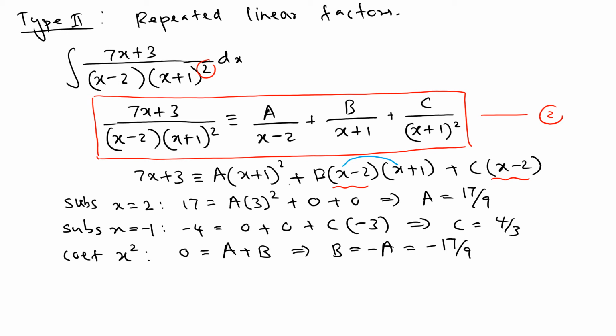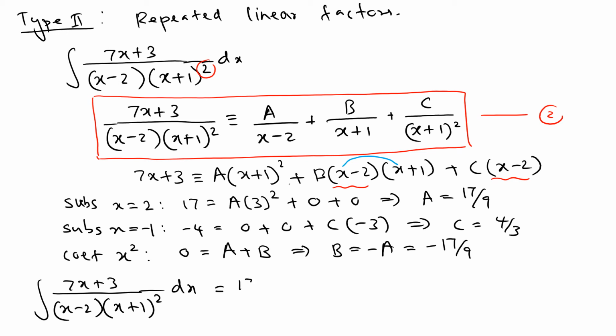Now what we can do is plug in those and finish the integral. So that means your integral of 7x plus 3 divided by x minus 2 times x plus 1 squared dx equals, we're going to go term by term.